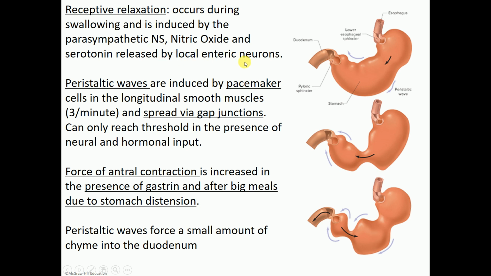Remember, those myenteric neurons release nitric oxide and serotonin, and those help in the relaxation of the smooth muscles. Remember, that is the exact same serotonin that we talked about when we were discussing the nervous system. And that is why there is this connection between your nervous system and your stomach.